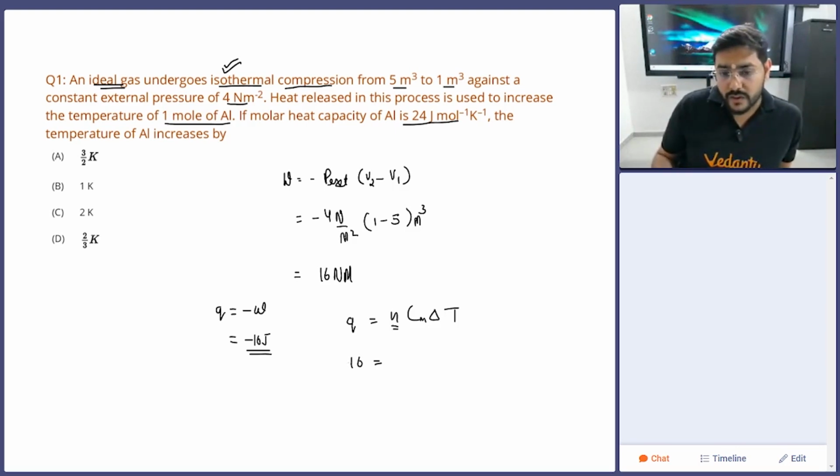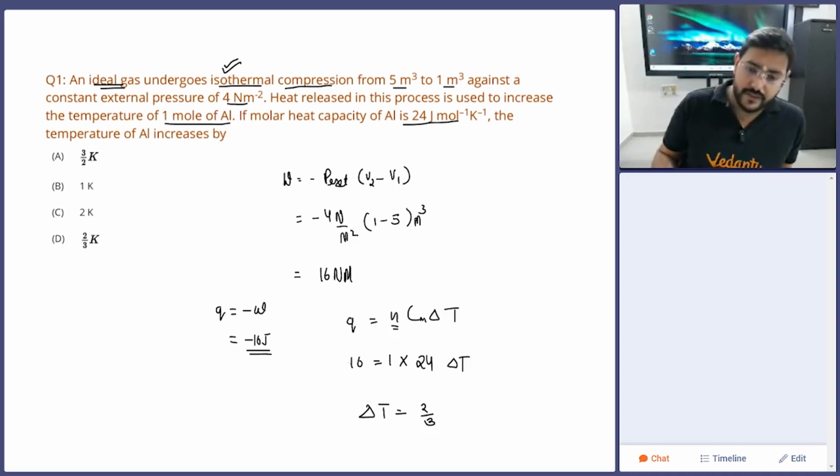So we are going to say 1 into, what is the Cm? Basically 24 Joule per mole per Kelvin, and we are going to calculate delta T. Now the delta T is going to be equal to 16 by 24, that will be 2 by 3, which is the right answer. So the right answer for this question is D. Is it clear?